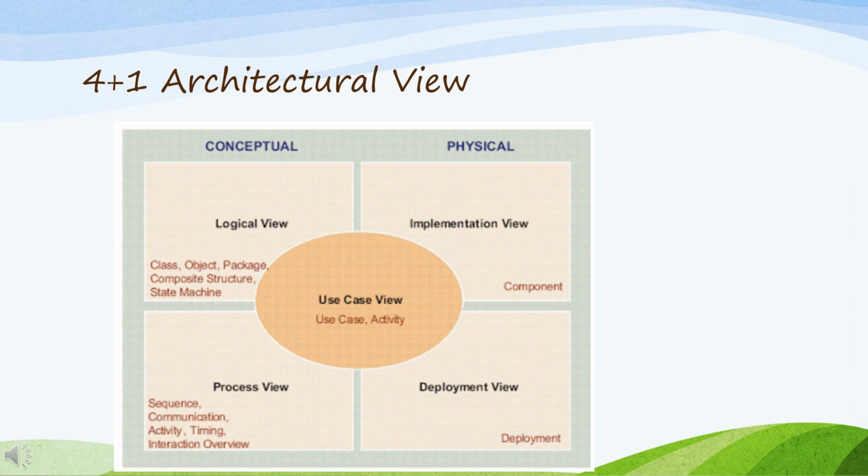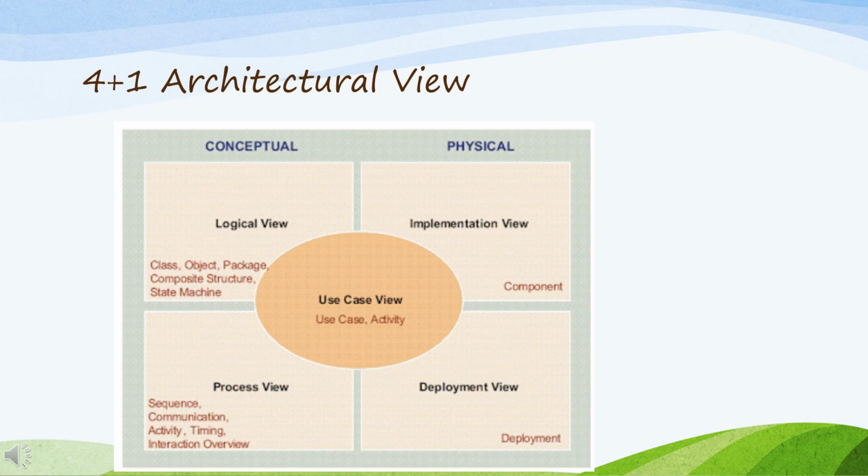Now we want to see what the diagrams are for each architectural view in the 4+1 architectural view. As we have seen just now, there are several diagrams in UML. Each diagram has its own purpose or its own view.